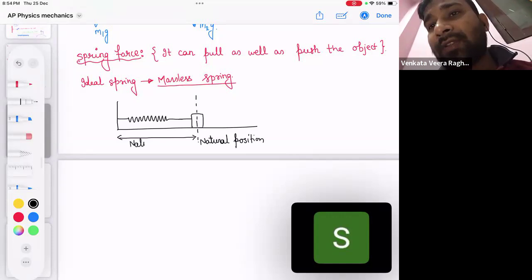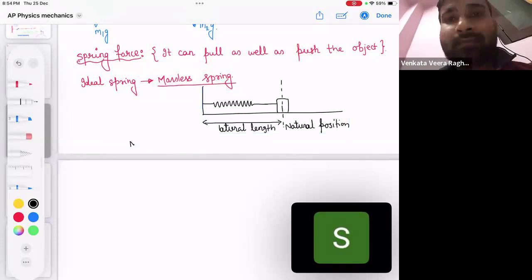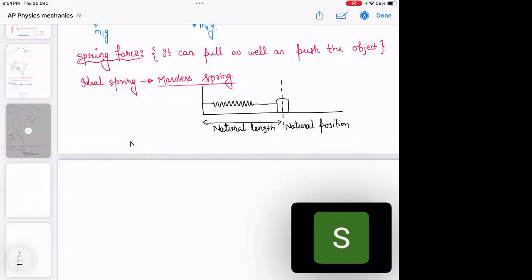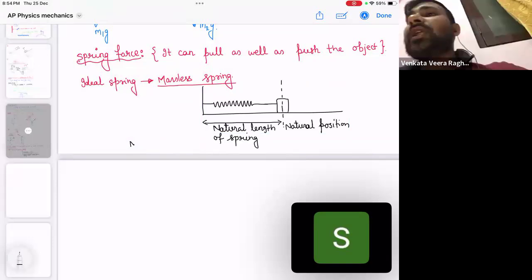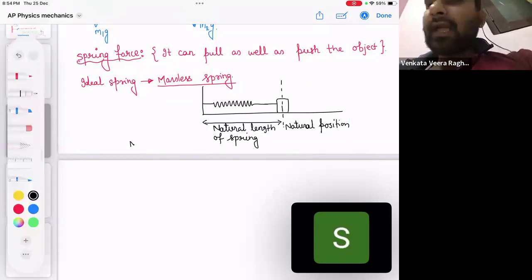And the length of the spring in that situation is called the natural length of the spring. Understood? Please tell me, clear about the natural length and natural position? So natural length of a spring means the length of a spring without elongation or without compression.